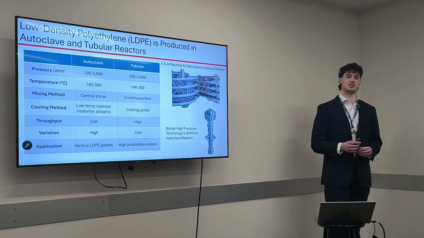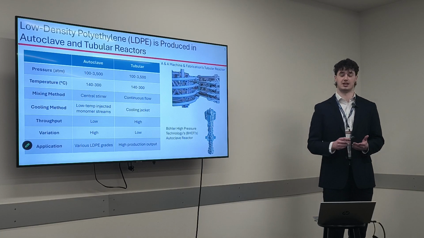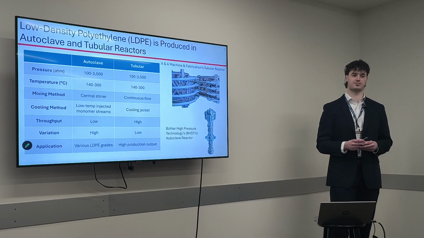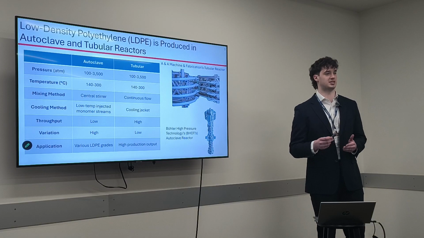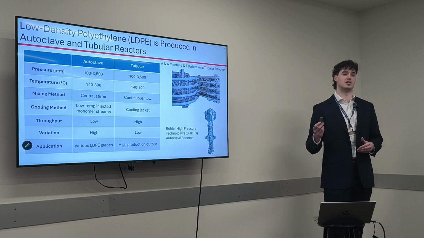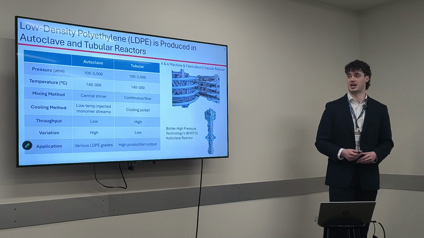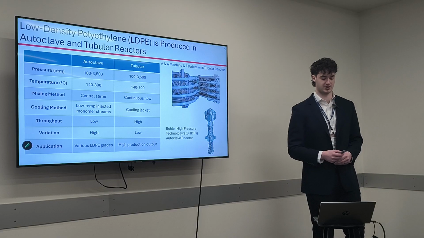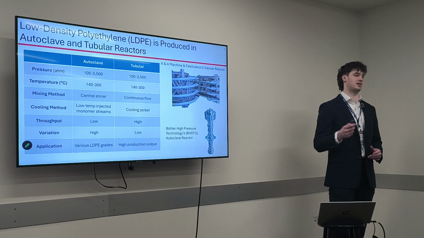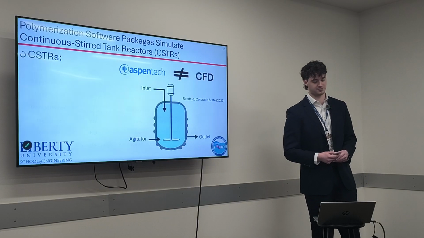The main differences being throughput and variability of the polymers at the end of the reaction. So autoclaves are more customizable with a lower throughput, while tubular reactors have higher throughput, lower customizability. Tubular reactors are actually cooled with a jacket, unlike the autoclave reactors, but they both operate at high pressures and temperatures. You see images of both of those right there.